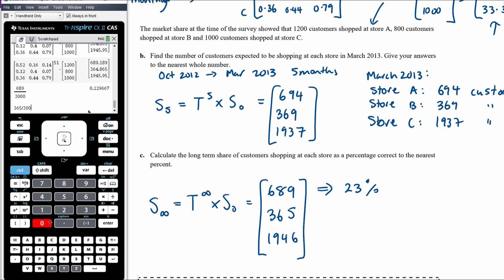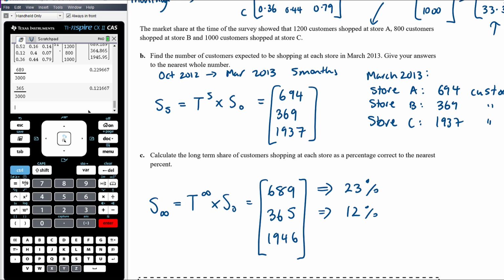365 out of 3,000. That's 12.2%, so 12%. And then 1946 out of 3,000 is 65%.